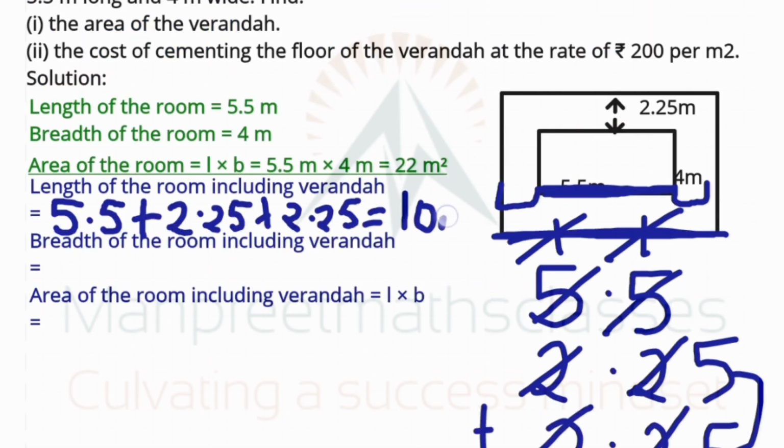Now in the same manner we will calculate breadth, but now when we are going to calculate breadth, we will add 2.25 2 times to 4. So 4 plus 2.25 plus 2.25.